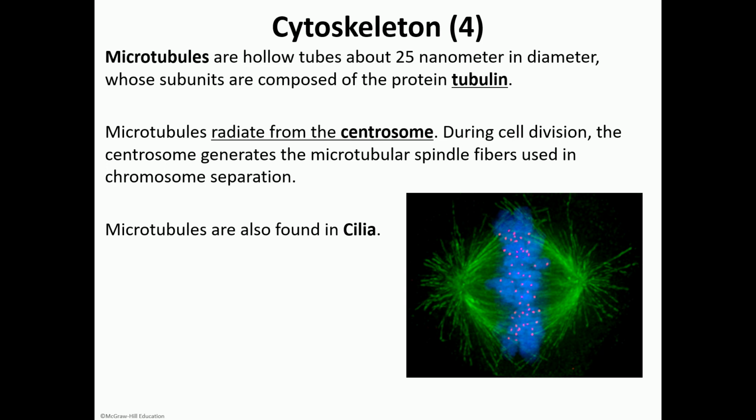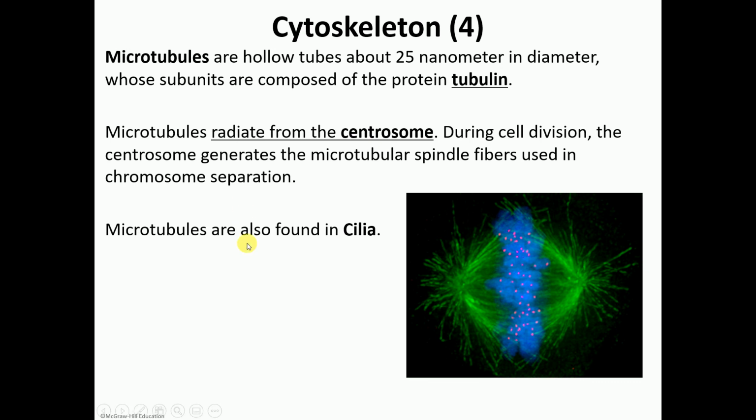In this area, we have what are known as centrosomes. Radiating from the centrosomes are these greenish microtubules that will pull the chromosomes apart here in the middle. So these microtubules help in the process of mitosis during cell division.